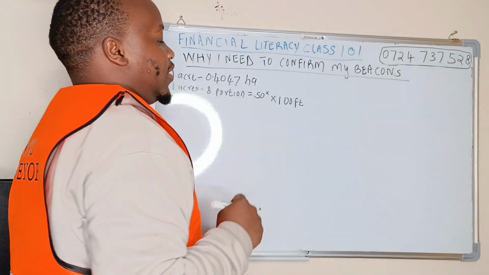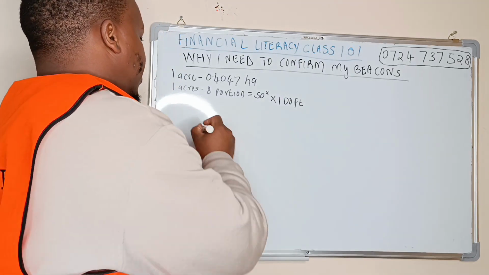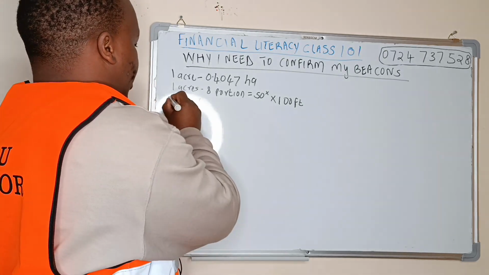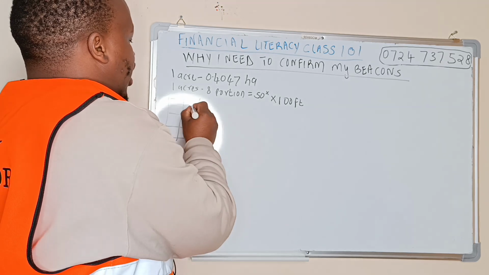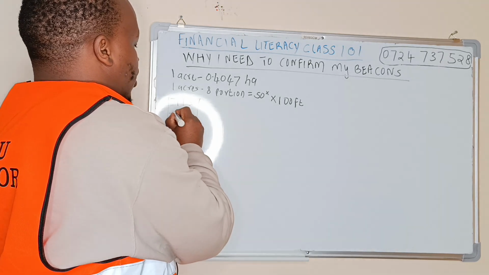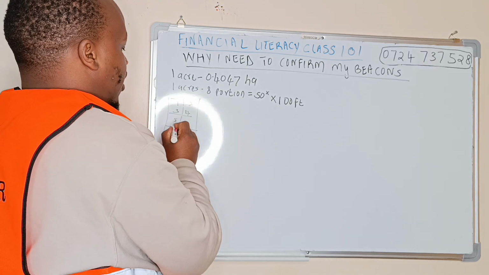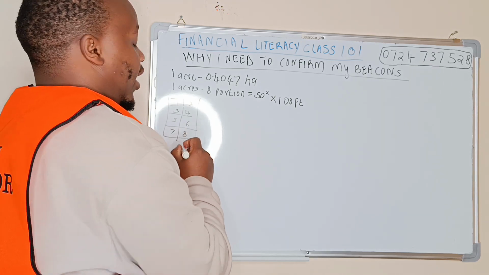Are you getting it? So one acre can produce 8 parcels: 1, 2, 3, 4, 5, 6, 7, 8 parcels.